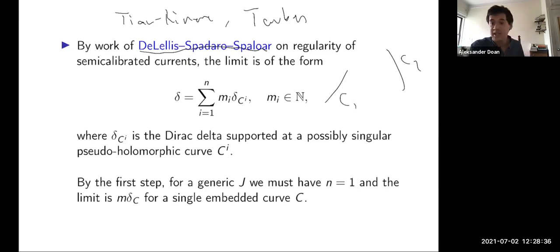So with some sort of index argument, you can show that because our J is generic, in fact, this current is a current associated with a single curve, which must be embedded, multiplied by an integer. So in fact, what happens is that Cn converges to M times C as currents. So this is the collapse of a sequence to a multiple curve.